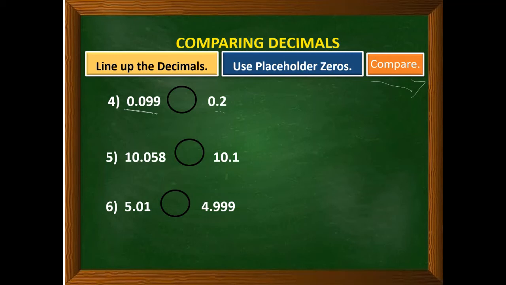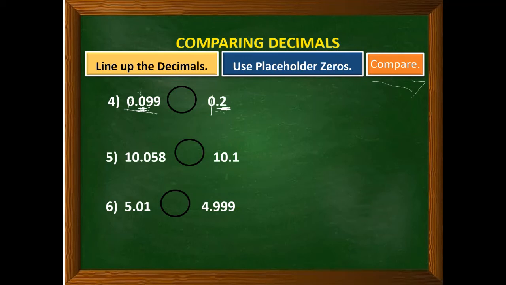So let's compare first the whole numbers. So in here we have 0 and 0. So it's just the same. Let's go to the next, to the tenths place. So we have 0 here and 2 here. So which is greater, 2 or 0?